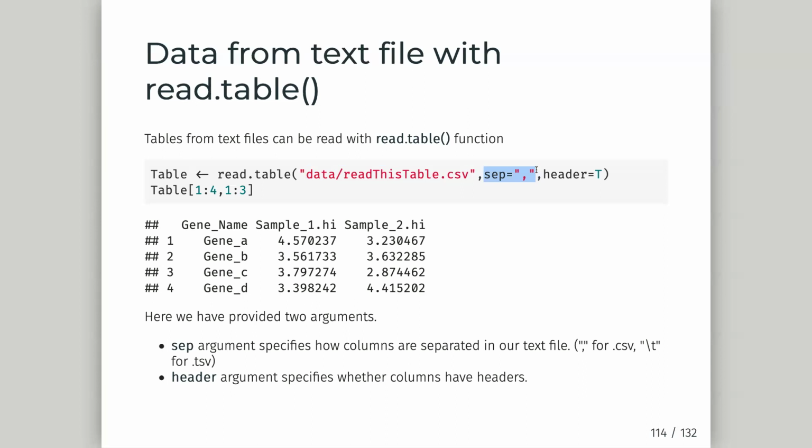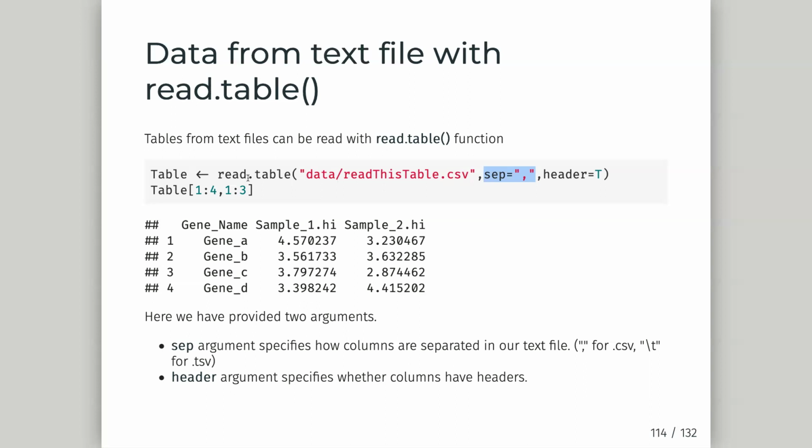Quite commonly, data is comma separated. That means every value within a row across the columns is separated by commas. And we're also going to tell it header equals TRUE, which means treat the first row as our column names.